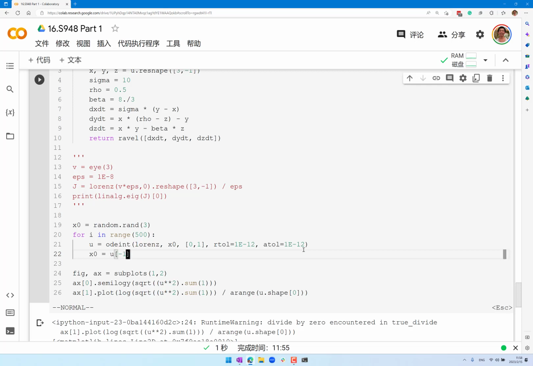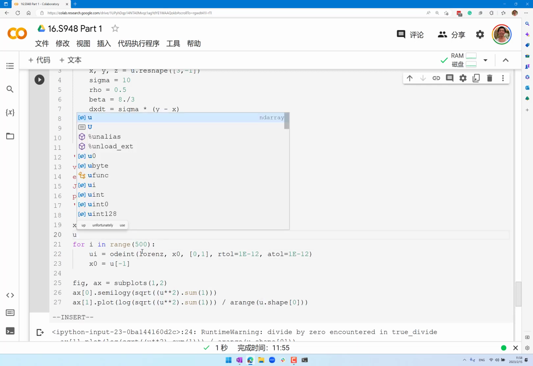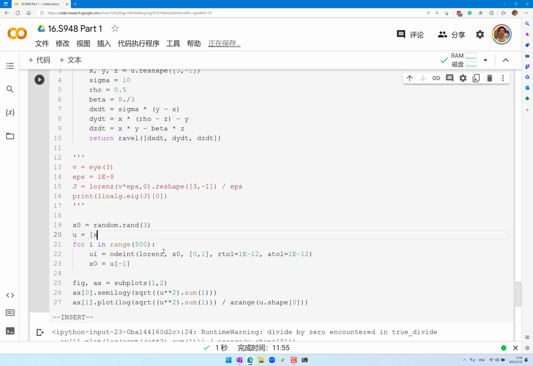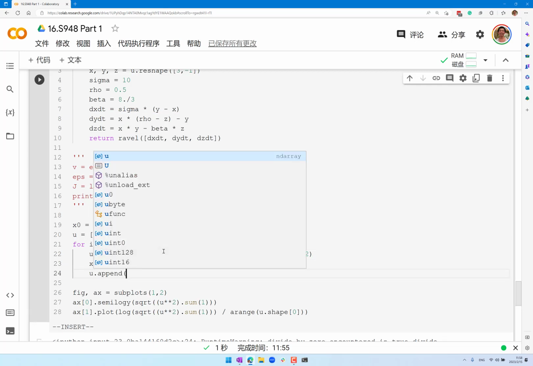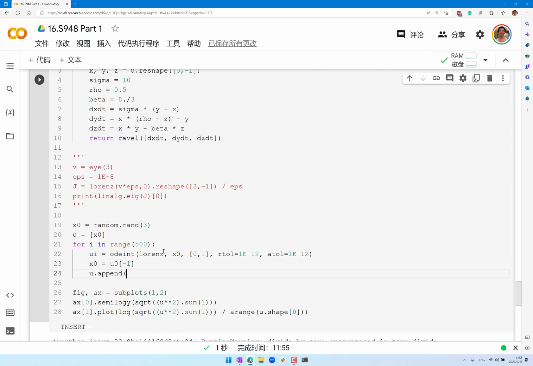So if I just do this, I would be doing exactly the same thing, right? So let me say ui is equal to this, and my u is going to be equal to x0 to start, and I'm going to do u.append(u0[-1]).